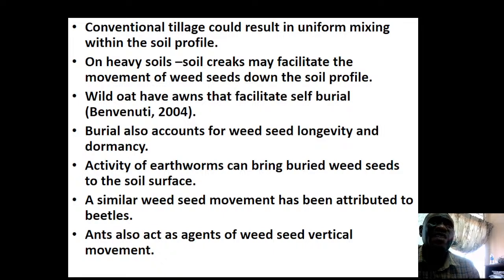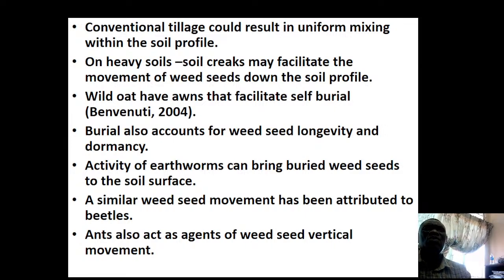However, conventional tillage where we use the plows could result in uniform mixing of weed seeds in the soil profile. But on heavy soils which crack, the cracks could facilitate the movement of weed seeds down the soil profile.